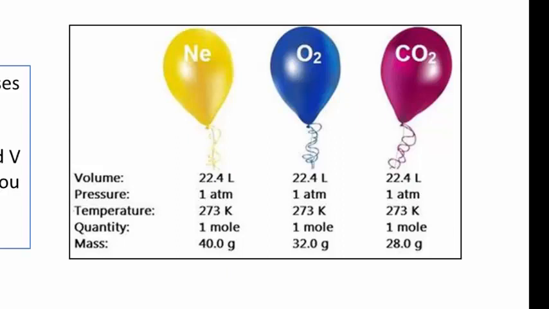For almost any gas, somewhere a little bit more, a little bit less than 22.4, but essentially 22.4 liters is the volume occupied by 1 mole of gas at 1 atmosphere pressure and at 273 Kelvin.